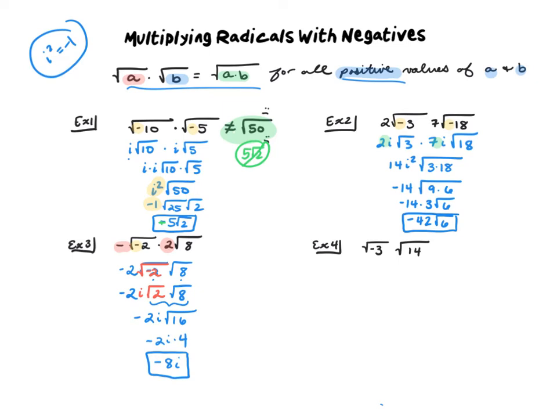That's probably going to happen in the next one as well because I only see 1 negative. But we're still going to go ahead and simplify. So this is the same thing as I root 3 times root 14. So all I can really do is multiply 3 and 14 together. Even if I wanted to simplify first, I really can't. There's no perfect squares that go into 14.